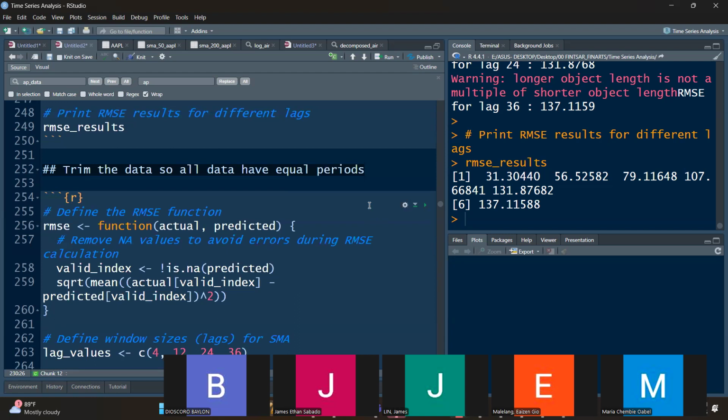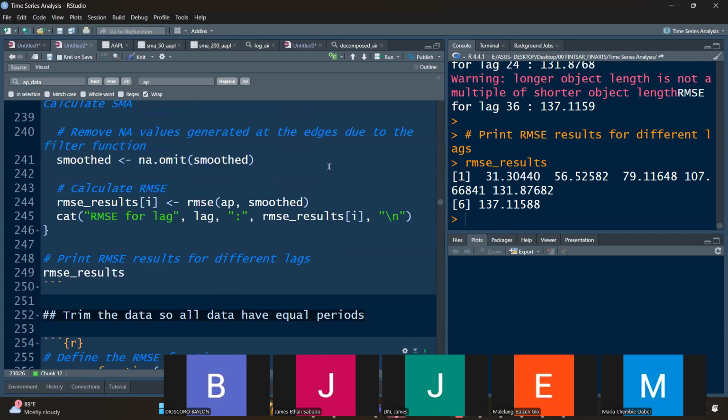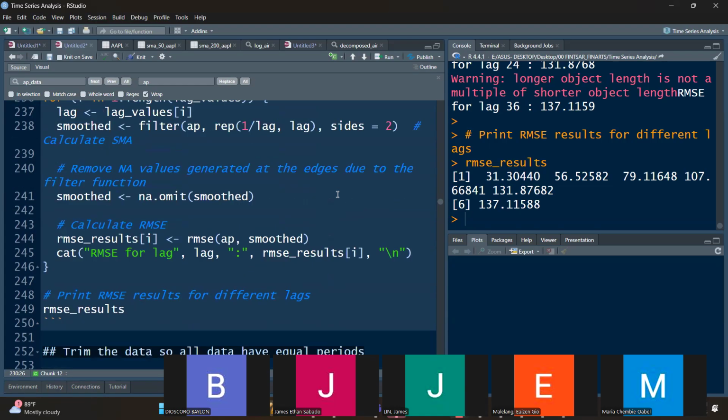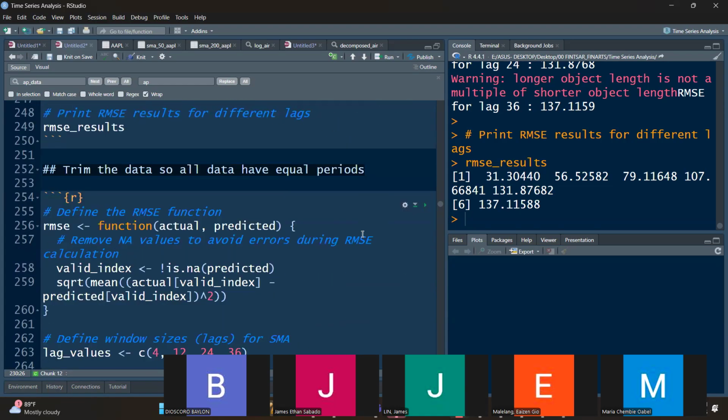So that's why the message here was the values are not the same. If we make the length of the values the same, and run this. Okay, please work.